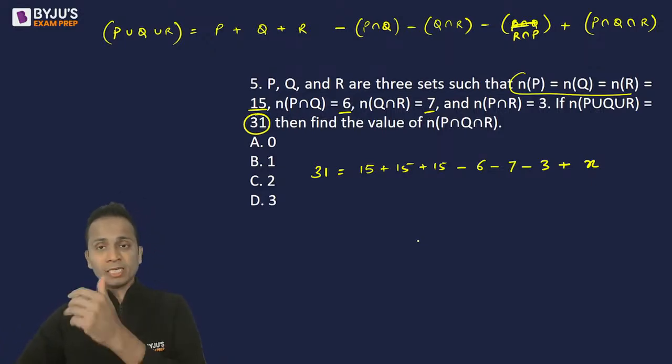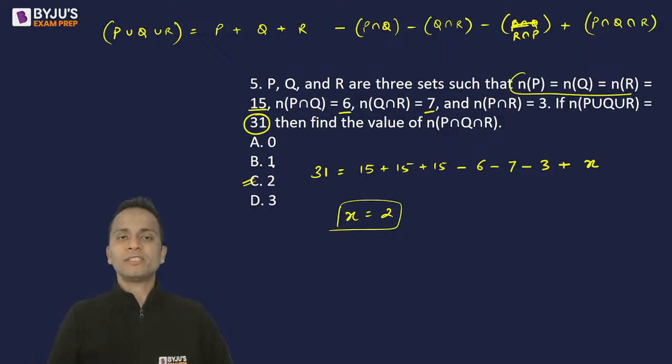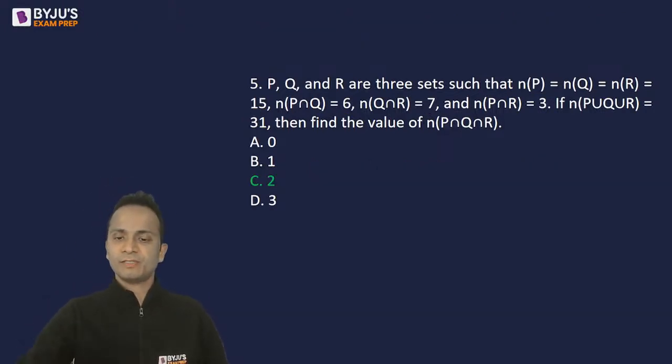Now you can simplify this equation and get the value of X. So the value of X will be 31 minus 45 minus 16, 29, 31 minus 29, that is 2. So the value of X comes out to be 2, that is option C. So option C is the correct answer of question number 5.